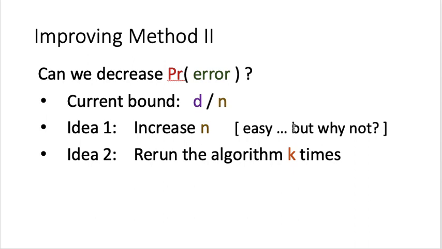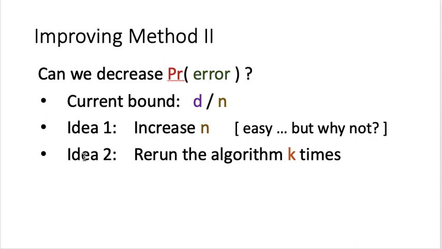By increasing the n, we are actually requiring a more sophisticated random number generator, or we are requiring more random bits to do so. So this is some resource that is paying for the improvement of the algorithm. So idea 1 is good, but it may not be used because we may need a lot of random bits.